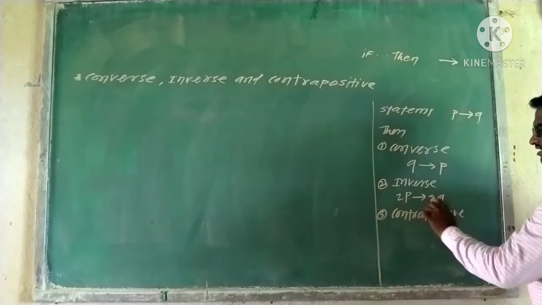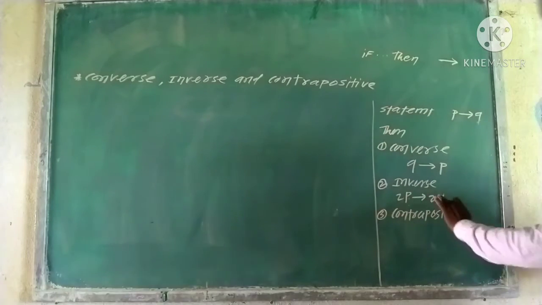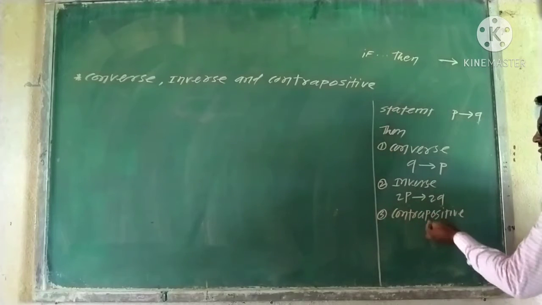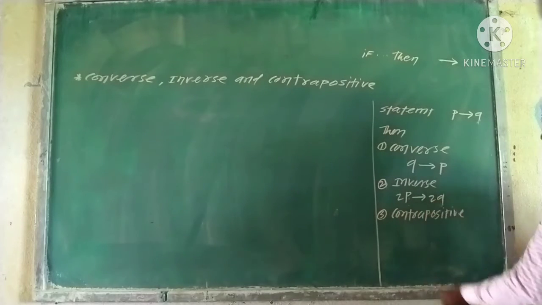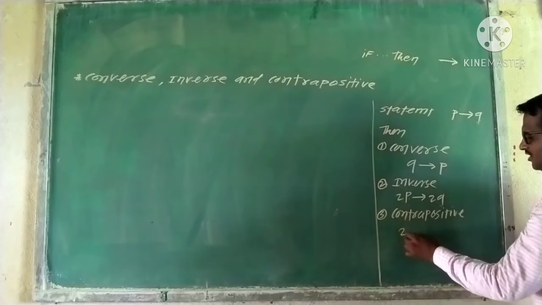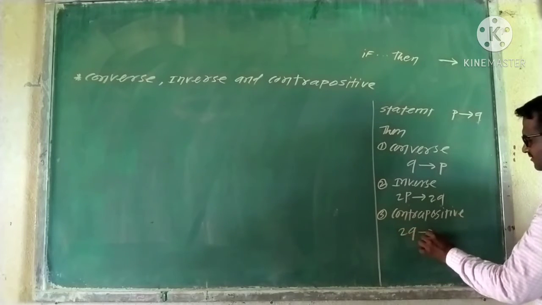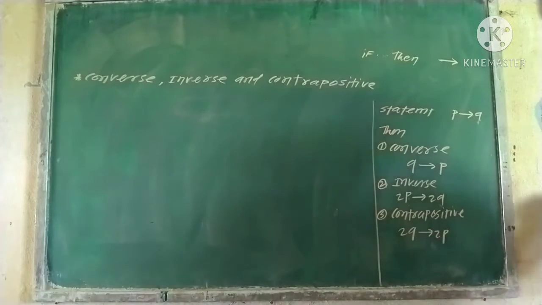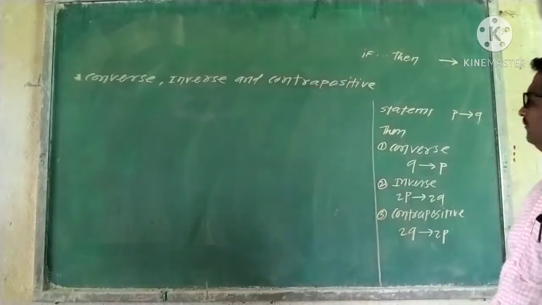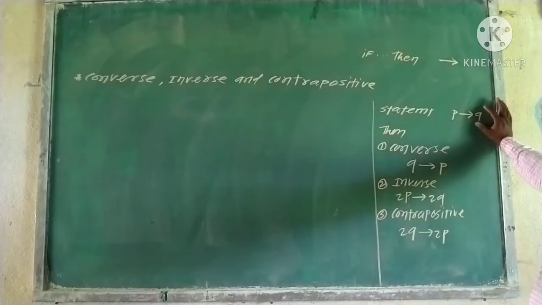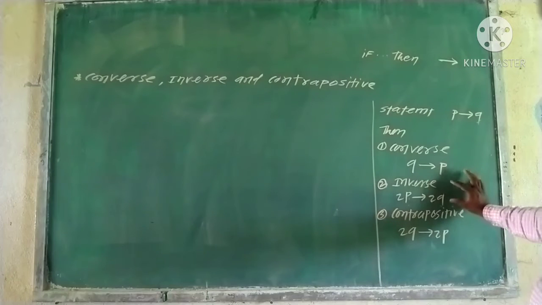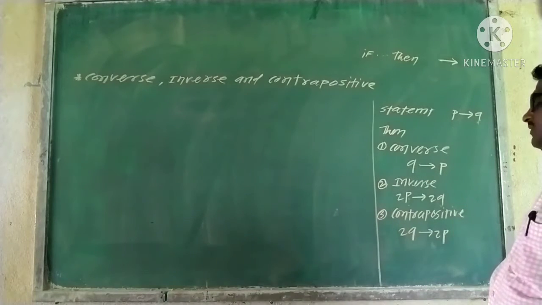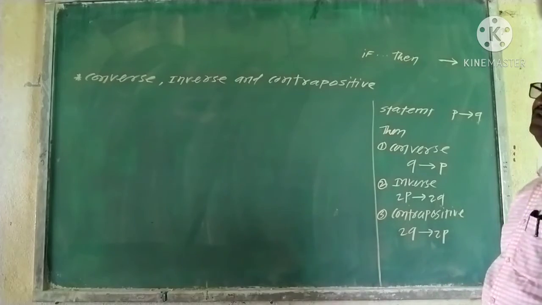Inverse is negation P implies negation Q. Its converse, interchanging the first and second statements, is negation Q implies negation P. Means if the given statement is P implies Q, its converse is Q implies P, inverse is negation P implies negation Q, and contrapositive is negation Q implies negation P.